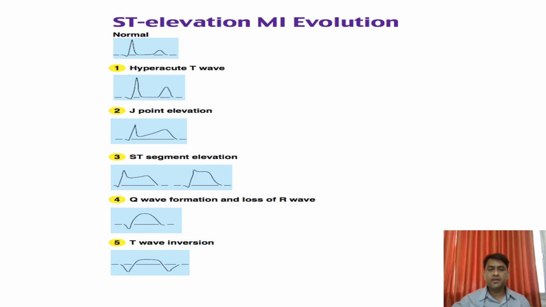Then Q wave formation and loss of R wave, and the T wave inversion. So hyperacute T wave, J point elevation, ST segment elevation, Q wave formation and loss of R wave, and T wave inversion. That's how the changes happen.